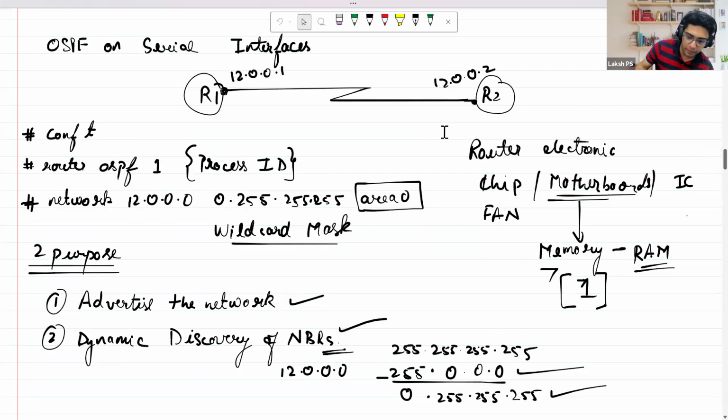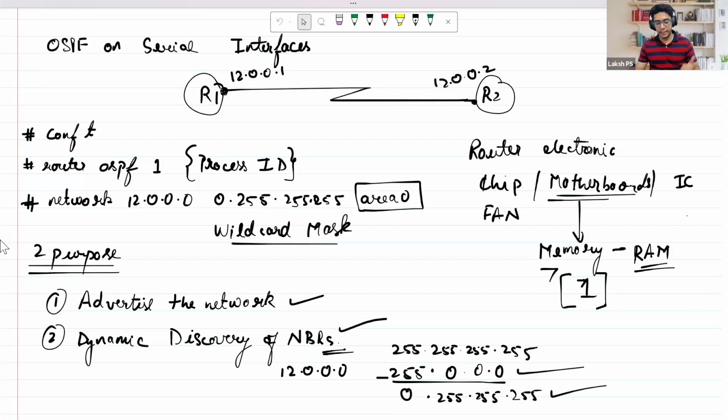Now, please remember that the configuration of OSPF, with router OSPF 1 and the network ID, and the purpose of the network and wildcard mask combination of advertising the network and dynamic discovery of neighbors, is true for all the interfaces.